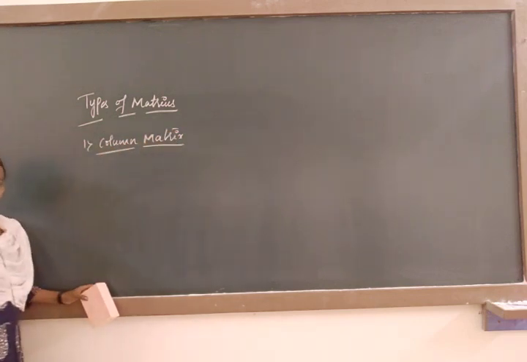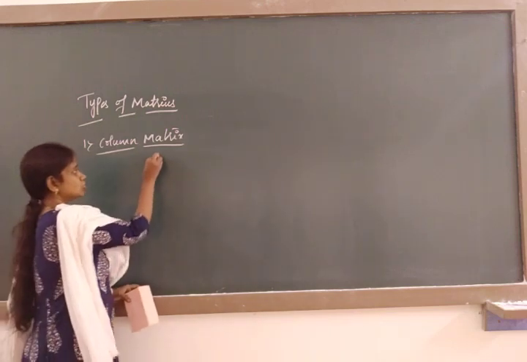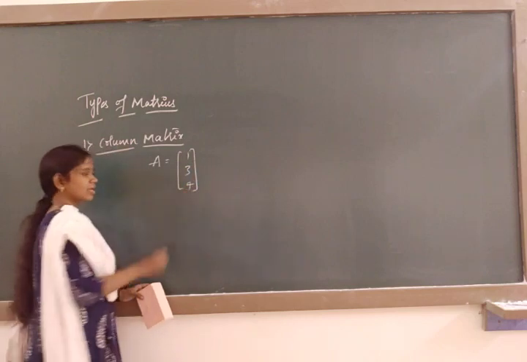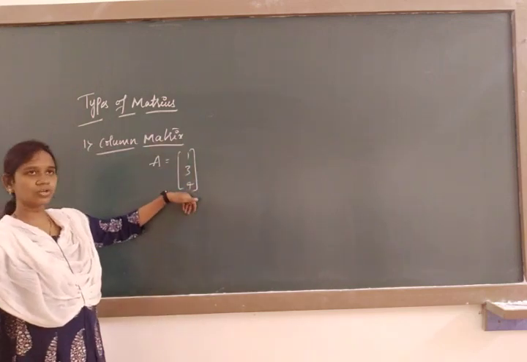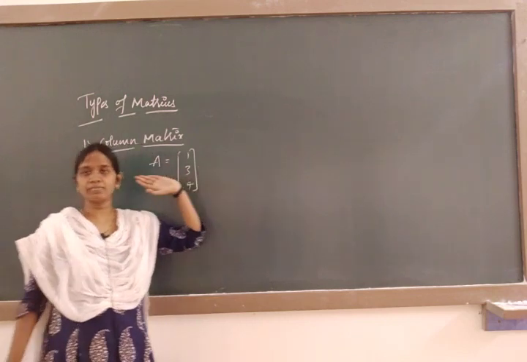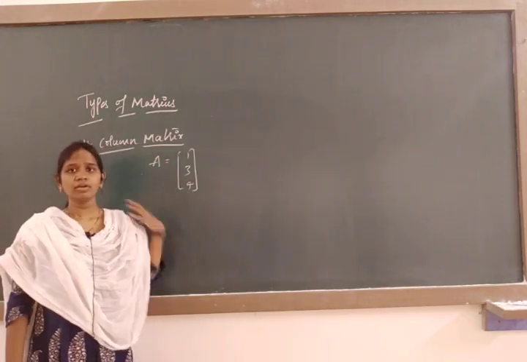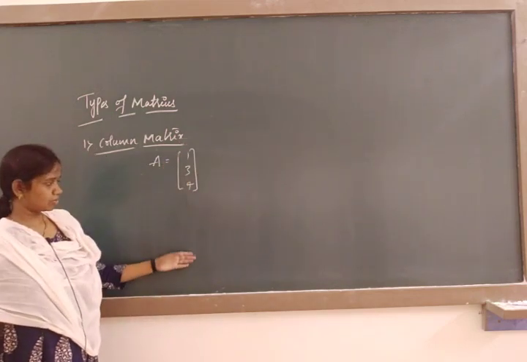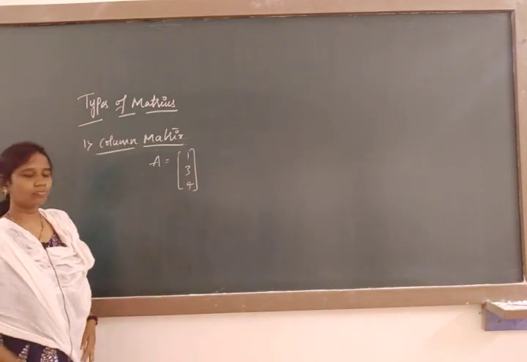What is a column matrix? By writing an example I will show. A is equal to, we know that whenever we write vertically it is treated as a column, and whenever we write horizontally we treat it as a row. Here I have written vertically 1, 3, 4. You can take any number of rows.